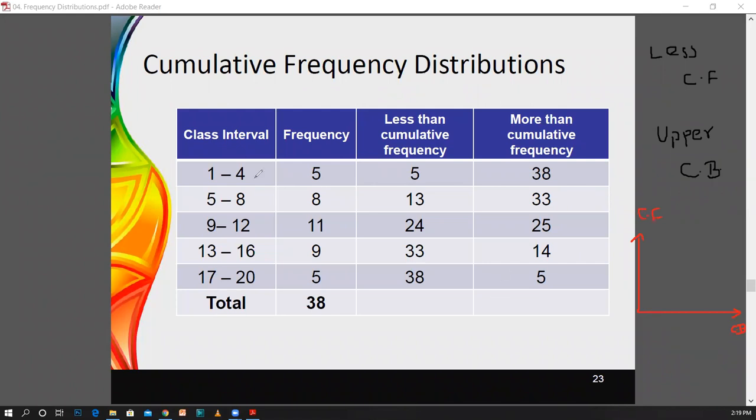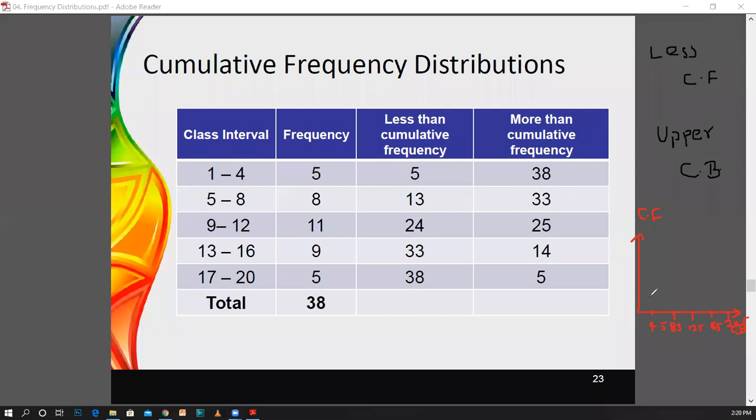The first upper class boundary was 4.5. Then the next class boundary was 8.5. Then the next one was 12.5. Then 16.5. And the last class was 20.5.